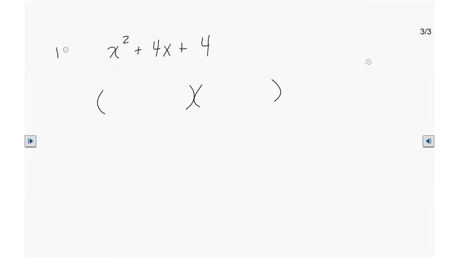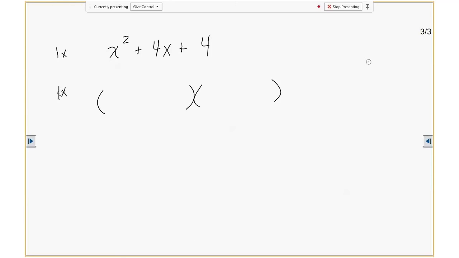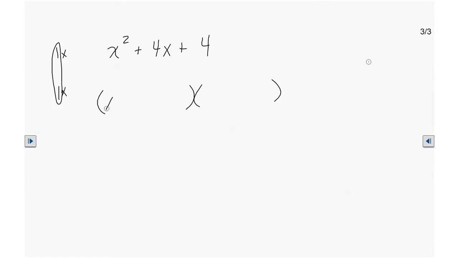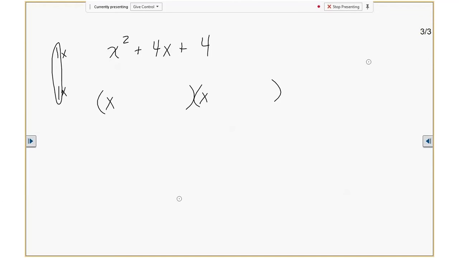Well, that's going to be 1x and 1x. There's no other way to get 1 except for 1 times 1. So you can't mess that up. Now, why did I put it there? Because FOIL, F means first. So the first and the first. If you want to do the FOIL method, x times x is x squared.